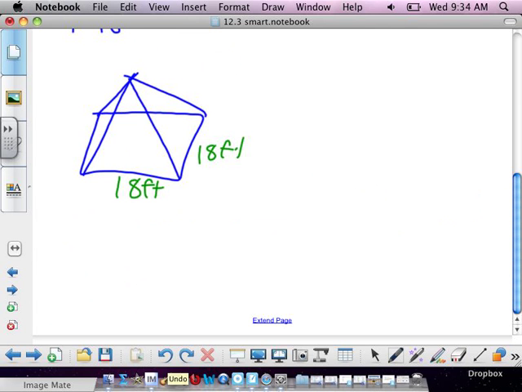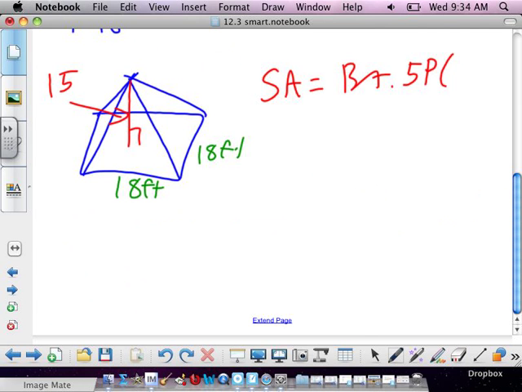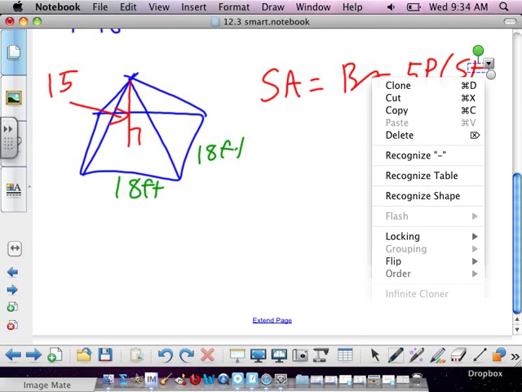And I know right here the height of my pyramid is 15. Okay? Remember, I want to find the surface area of a pyramid, which equals the base plus 0.5 times the perimeter times the slant height.